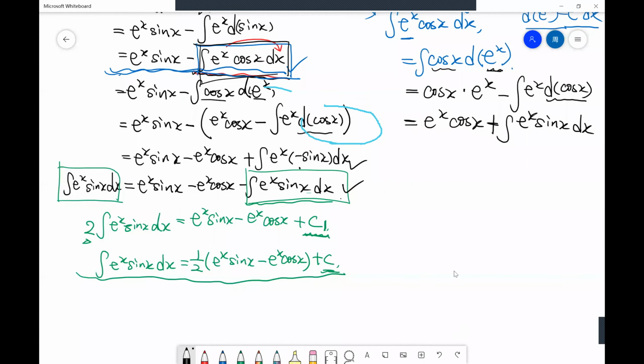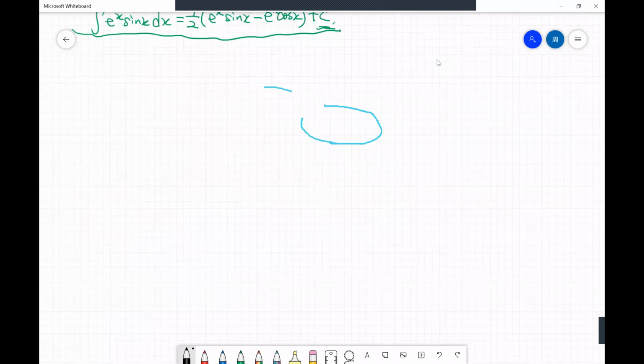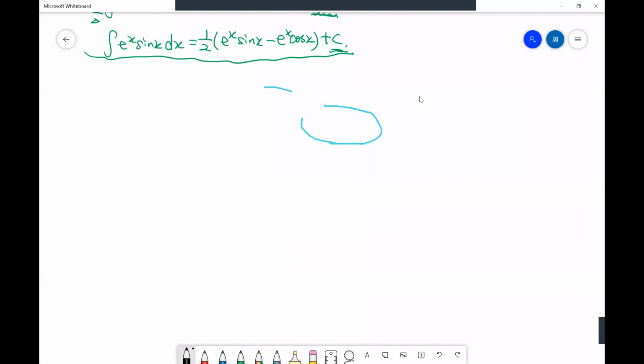And now we can solve it another way. Like most students did just now, we can choose the question that is the integral of e^x sin x dx, right? And most students choose e^x as u, okay?